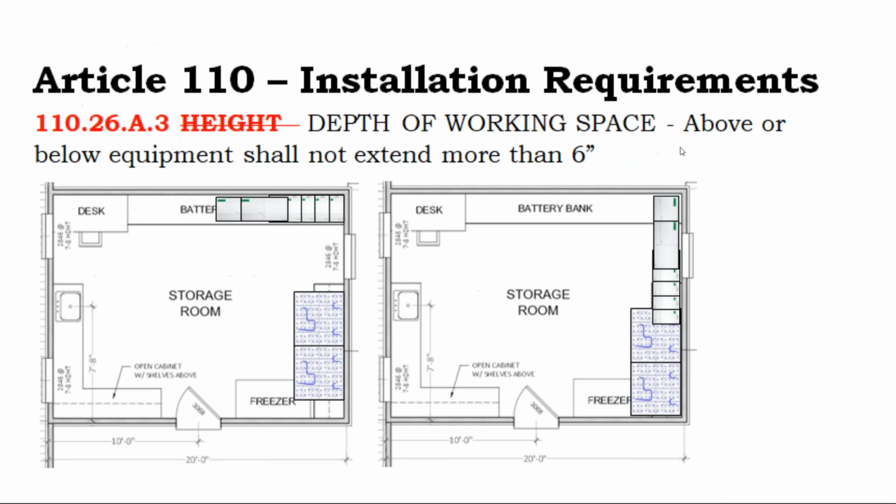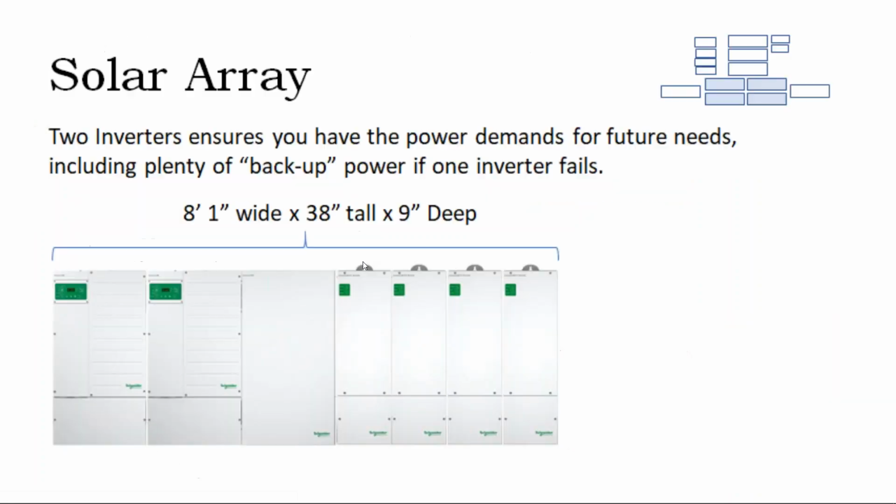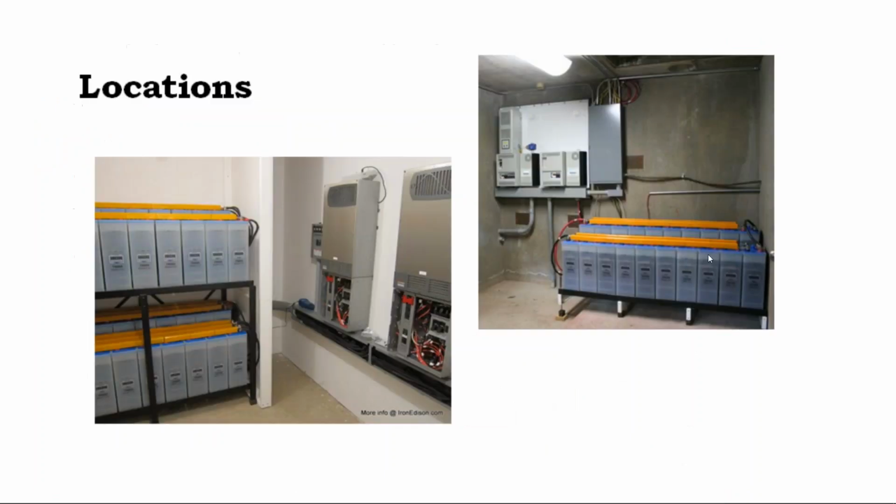But then the last one is another depth issue, which is how far in front certain electrical components can stick out from each other. So, for example, here we have our inverter equipment and our batteries sharing the same wall, kind of like they do in this picture here.